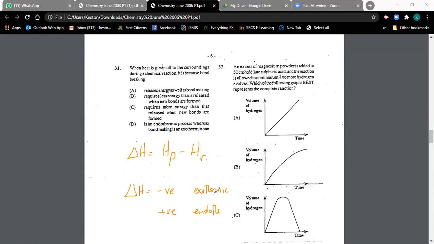Negative is exothermic. That means that the reactants have more heat energy than the products, right? So that'll be C. This needs more energy. So this is higher. If this is higher, you get overall negative delta H, the exothermic. Right? Heat given off to the environment is exothermic. Everybody right with that one? Make sense?